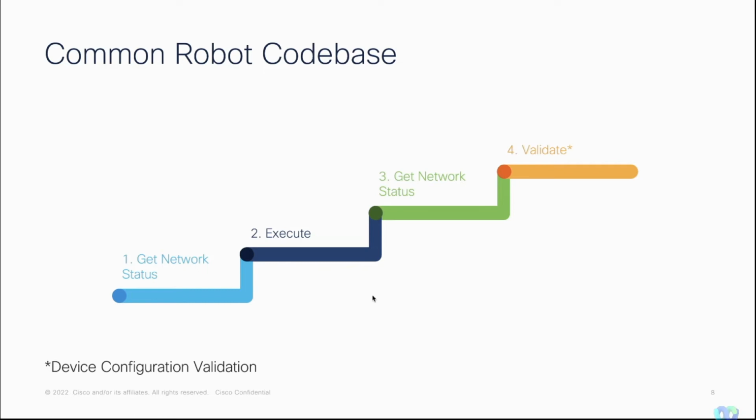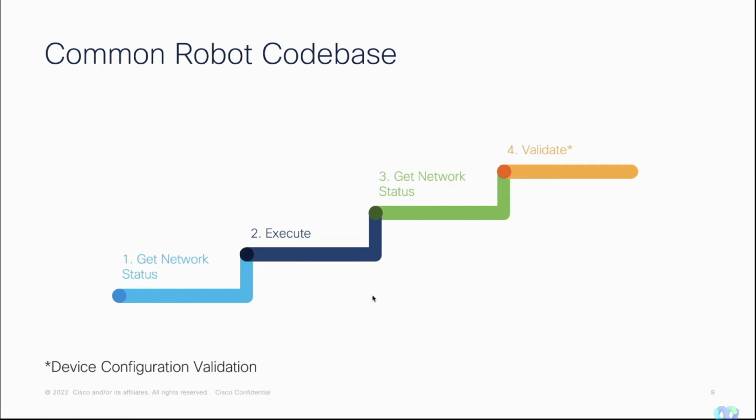In the first phase, we get a picture of the network, a network status. We collect the configuration of the devices which are involved. In phase 2, we execute the object of the test. It might be, for example, the creation of a service instance. Then we take another picture of the network. And in phase 4, we take the output of phase 1 and phase 3, process the output, and validate it against an expected output.